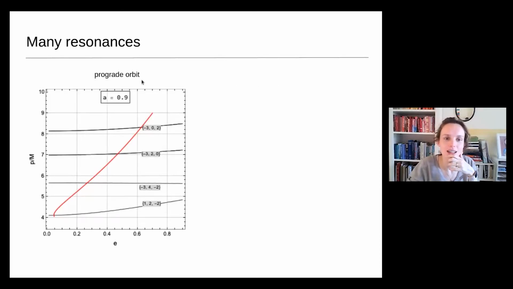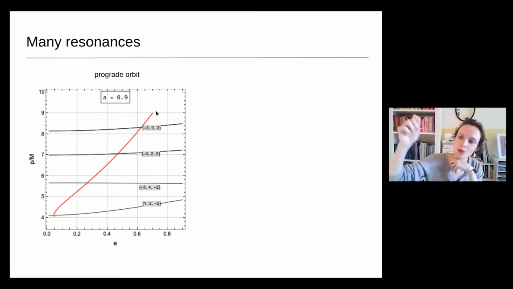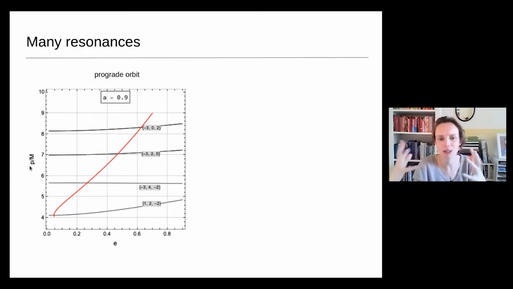For instance, if I look at a prograde orbit around a spinning black hole with dimensionless spin parameter 0.9, and I start out at, say, a semi-latus rectum of 9-ish and an eccentricity of 0.7, and I evolve and get closer to the central black hole because of, say, the self-force, my semi-latus rectum will decrease, and as you know, also from, say, Peters and Mathews, orbits in GR typically circularize. So the eccentricity will go down.